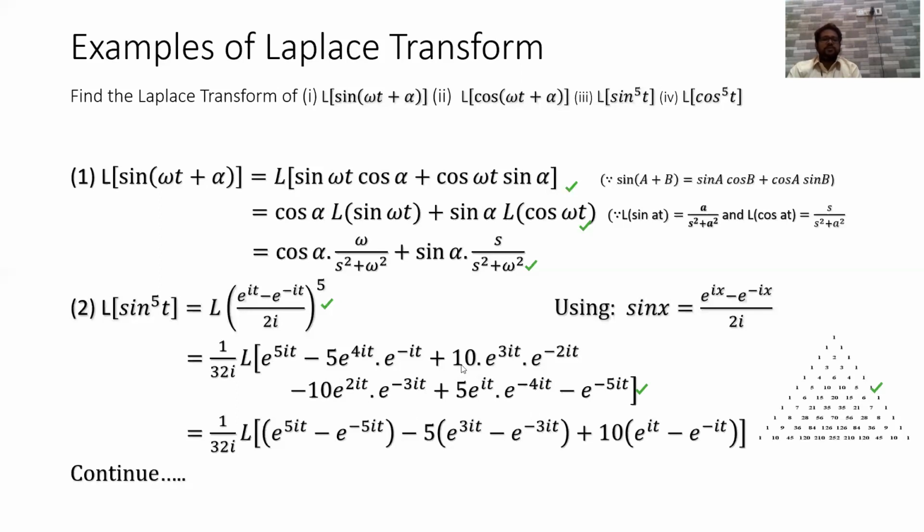Next is the plus 10, common, and solving by the law of indices, here e raised to it, and here if you subtract we get e raised to minus it. Next we require this in circular form, so here we require 2i, here also 2i, here also 2i.